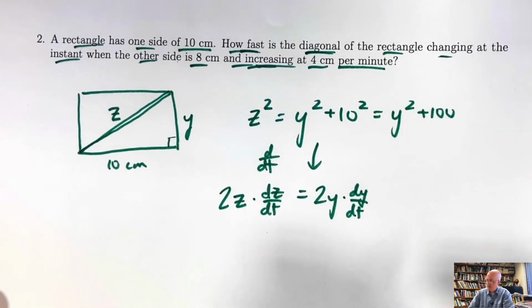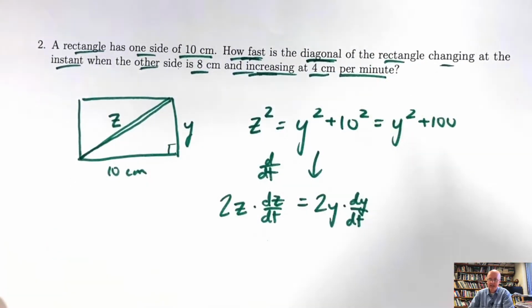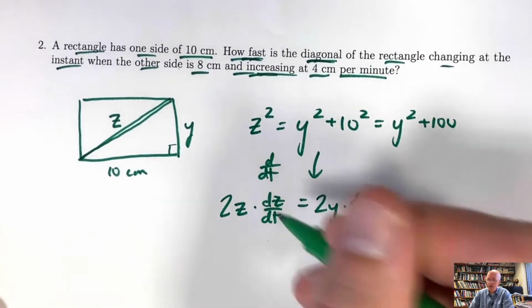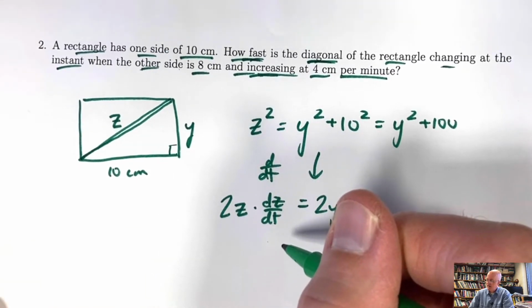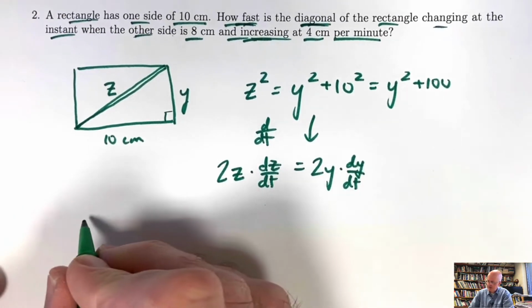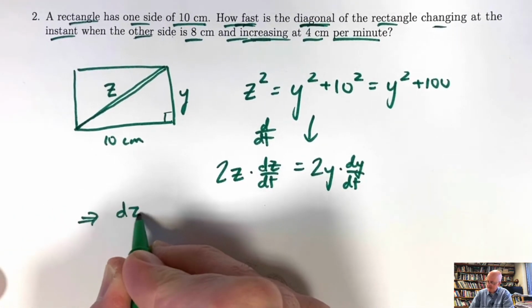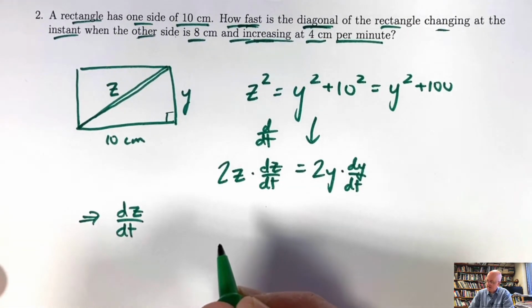What do we want to know? How fast is the diagonal, this length, z, changing at this instant? We want to know dz dt. That's the unknown rate we want to solve for. You could plug the numbers in right away, but you also can solve explicitly for dz dt in terms of z, y, and dy dt. Divide both sides by 2.